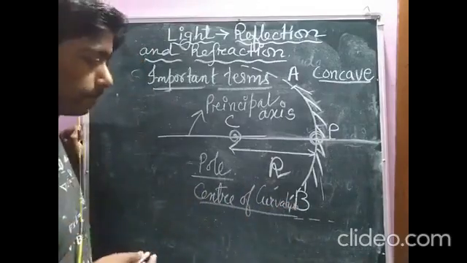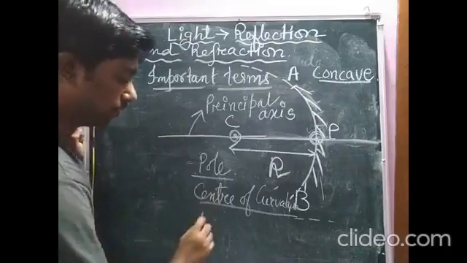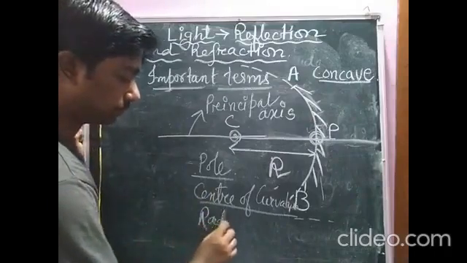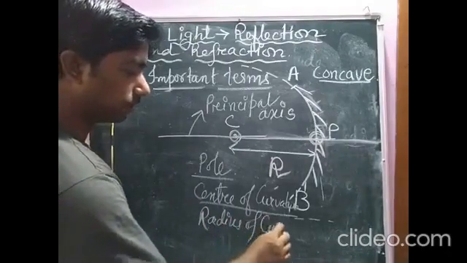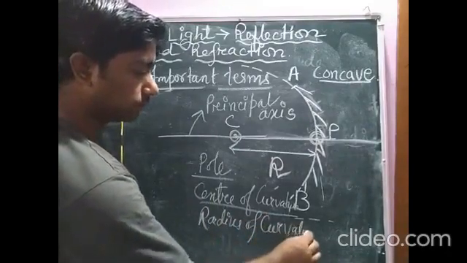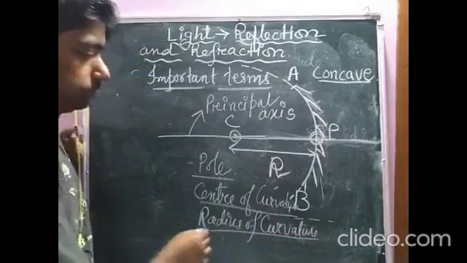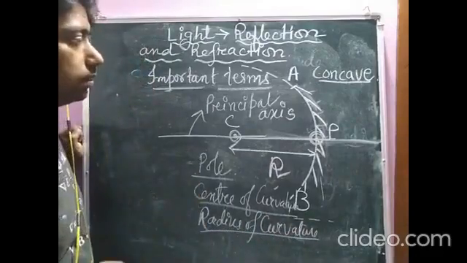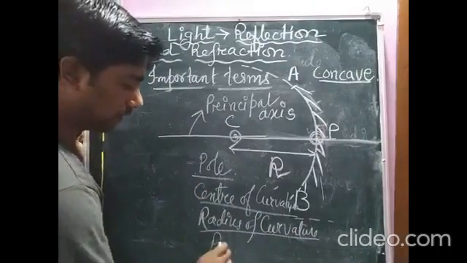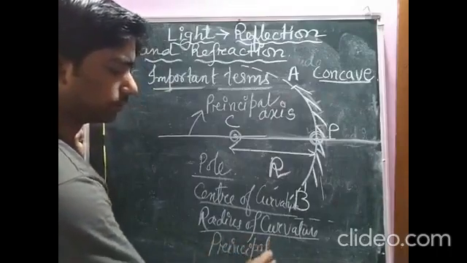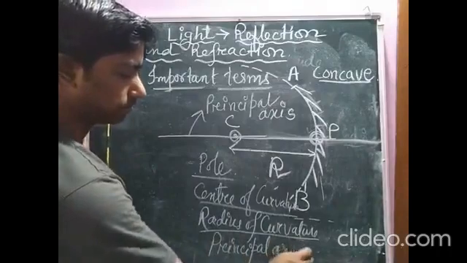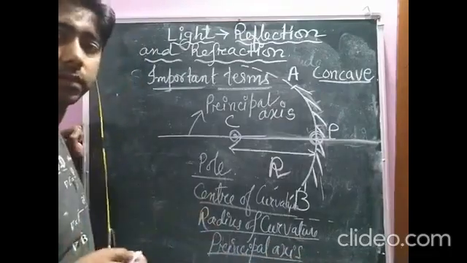Next, radius of curvature. Next, principal axis. These are the 4 terms that we have discussed today. Okay?